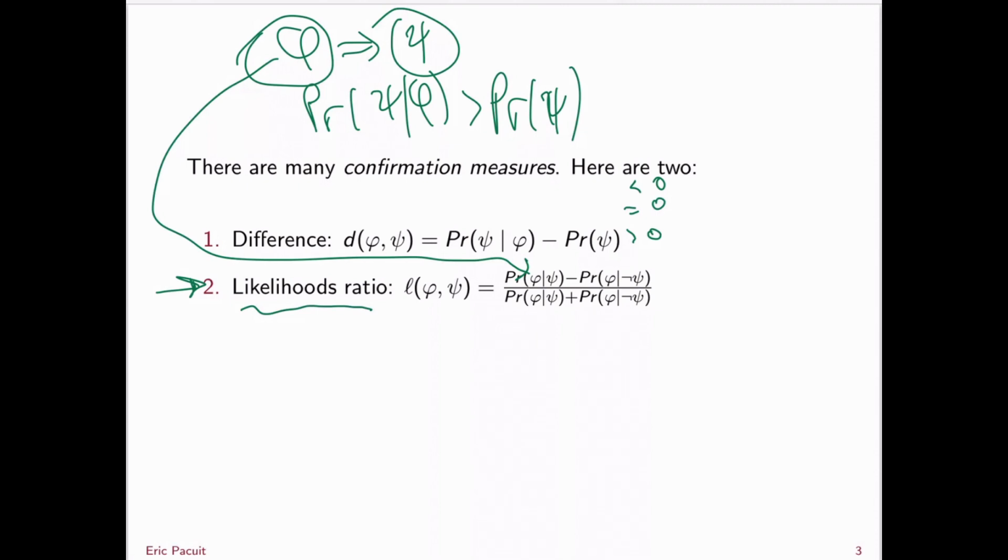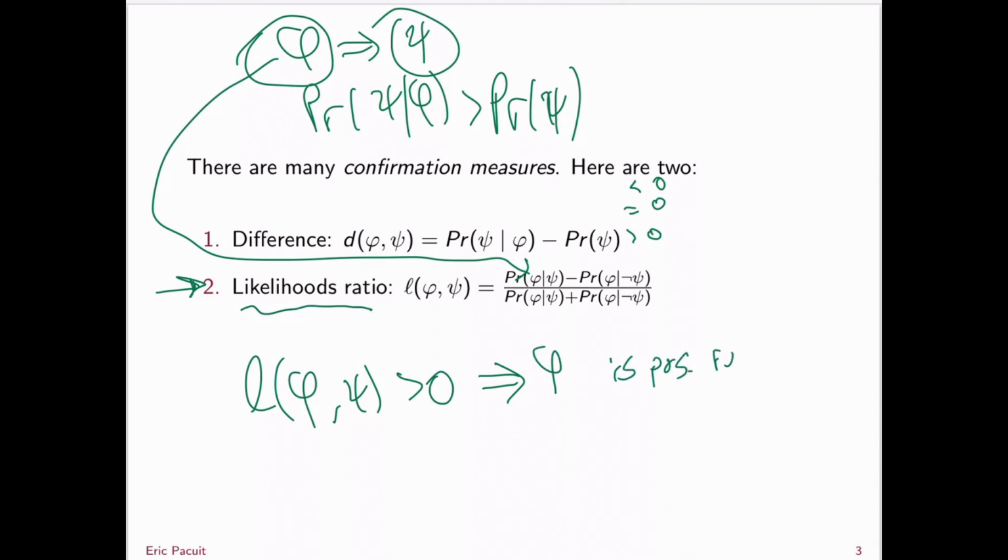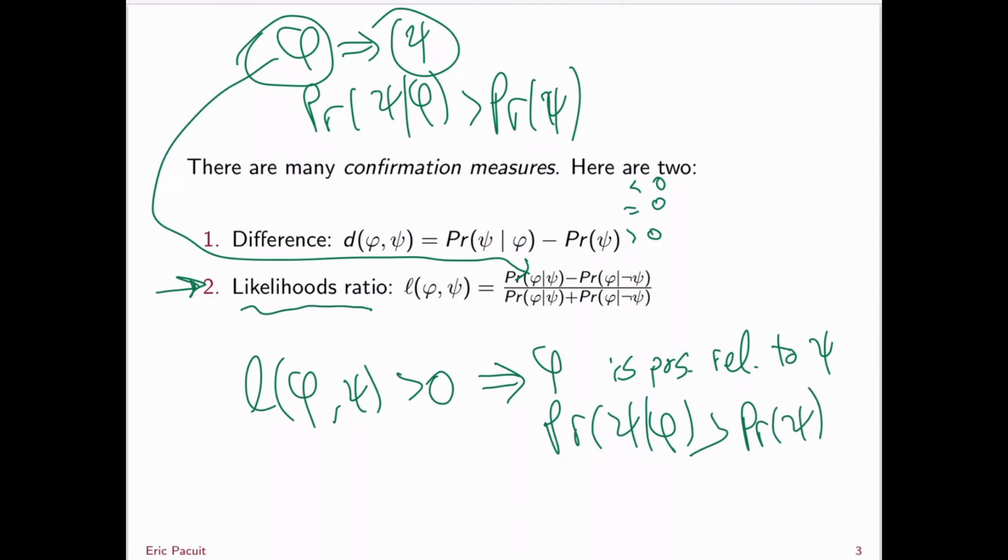So that means that if L of phi psi is greater than 0, that should imply, in particular, that phi is positively relevant to psi. That is, the probability of psi given phi must be greater than the probability of psi.